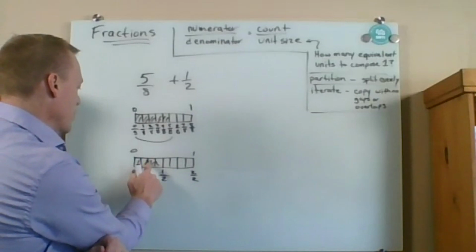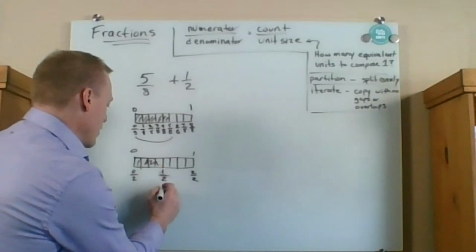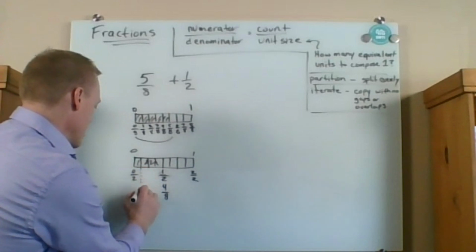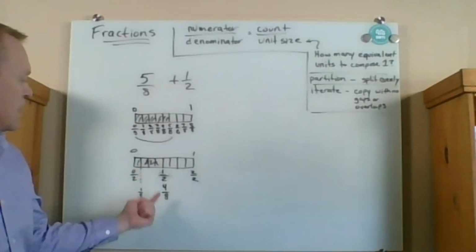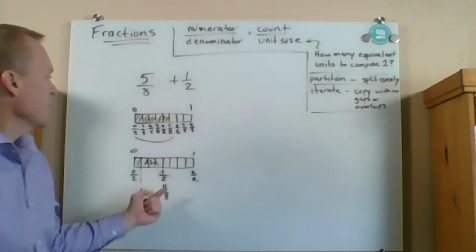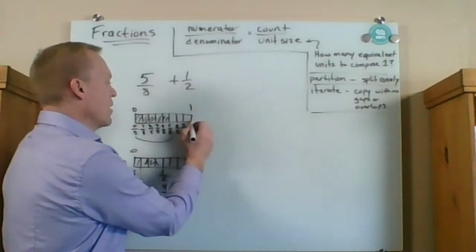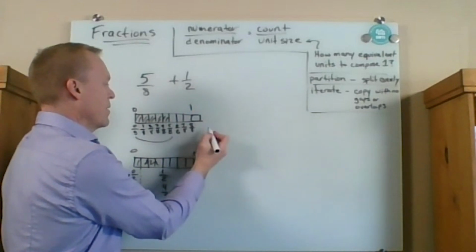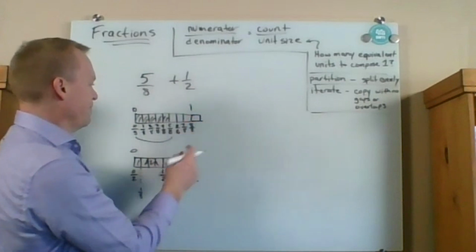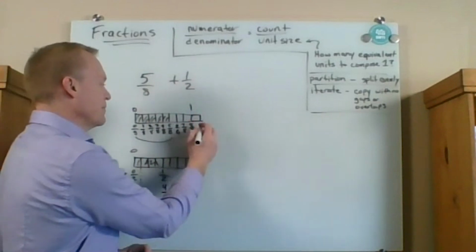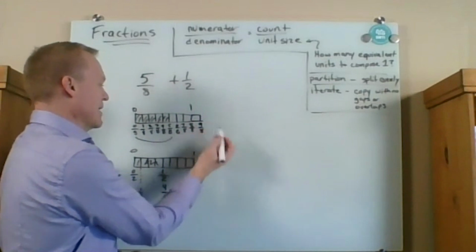So 1, 2, 3, 4. That's an equivalent of 4/8, because each of these little pieces is a 1/8 unit. So 1/2 is going to be 4/8. So I need to add on 1, 2, 3, 4 eighths, which gives me 9/8.